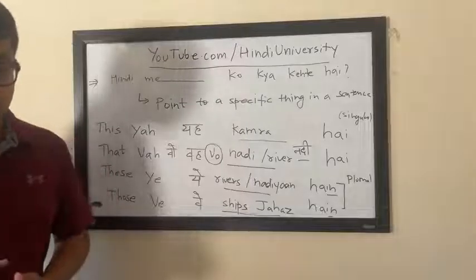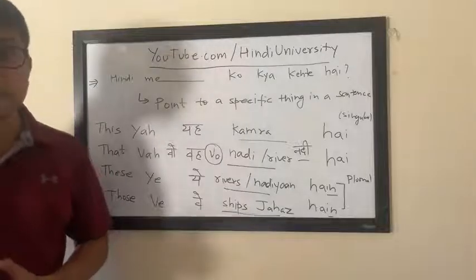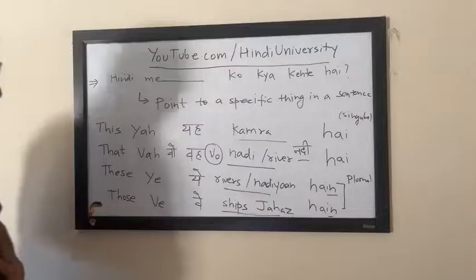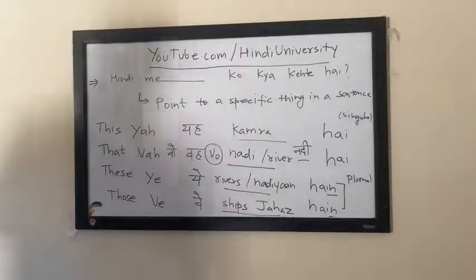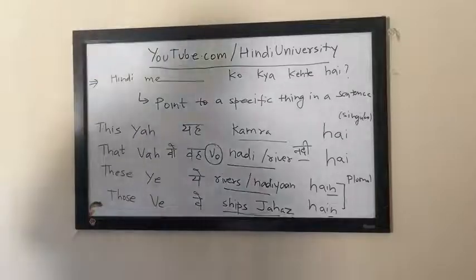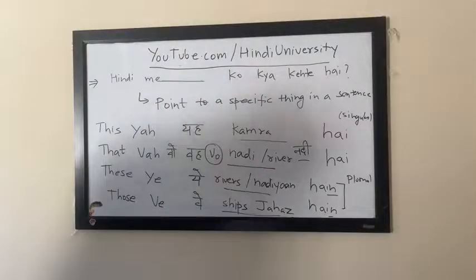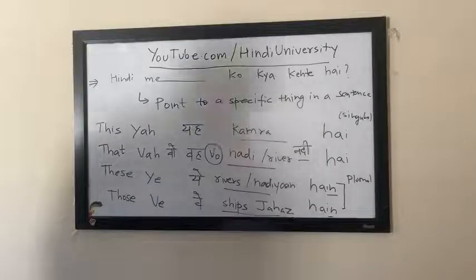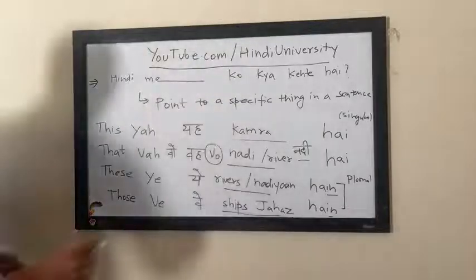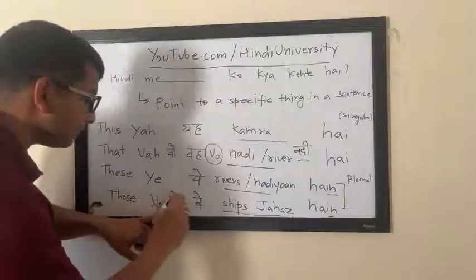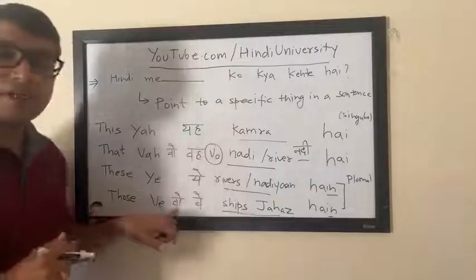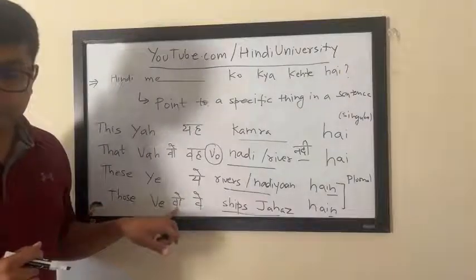Wo kahan ja raha hai, where is he going? So vah is used for he, she as well. So wo is used here. Similarly, those are my books, wo meri kitabein hain.